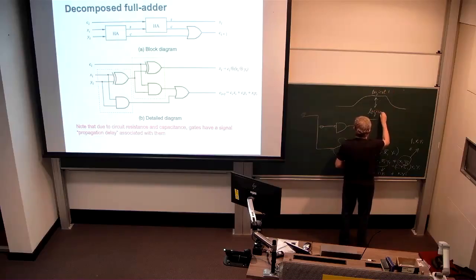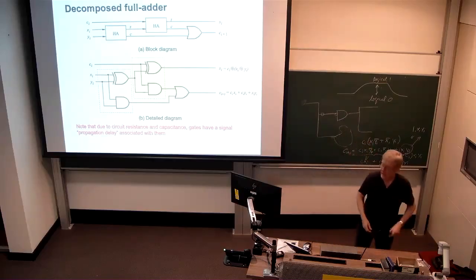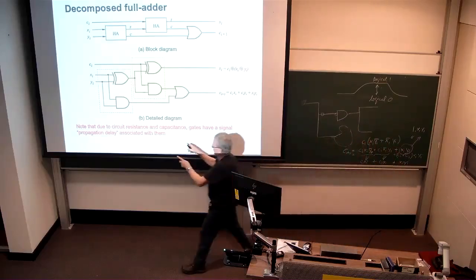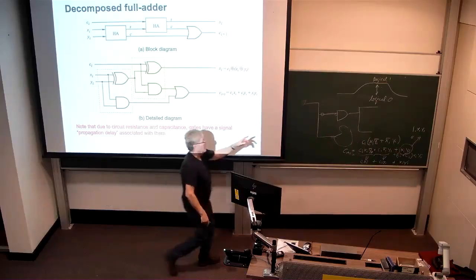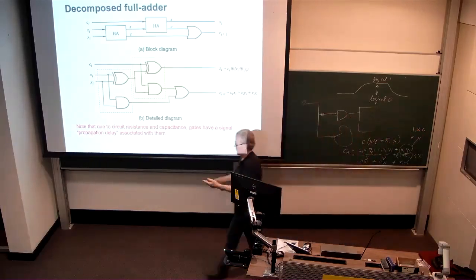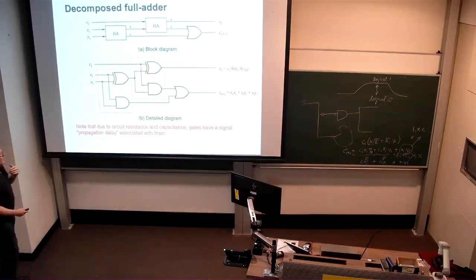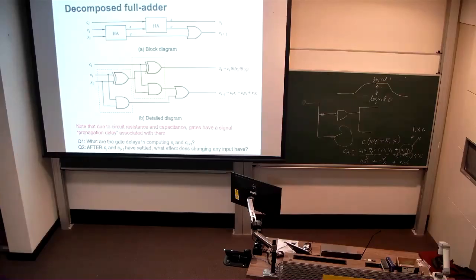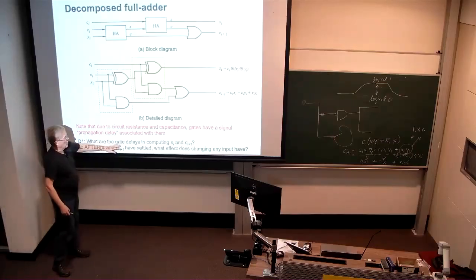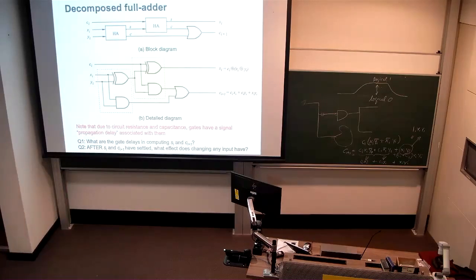And this is normally these days about 0.7 volts, 0.5 volts, something like that. Because of that delay, and if we're combining gates together, it takes time for signals to propagate through the structure. So I have a question. What are the gate delays in computing Si and Ci plus 1 here?